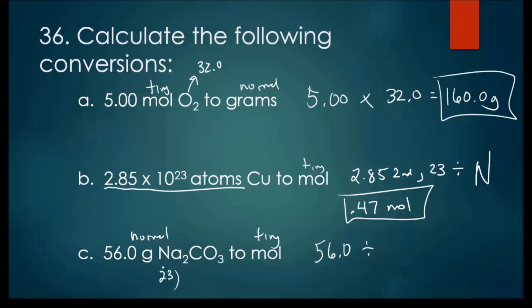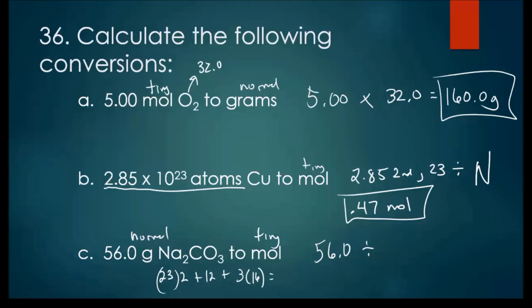23 times 2 plus 12 plus 3 times 16. The smallest particle of sodium carbonate is called an FU.